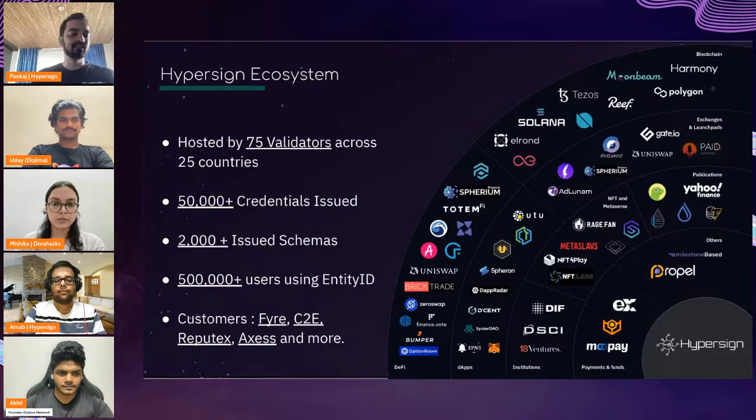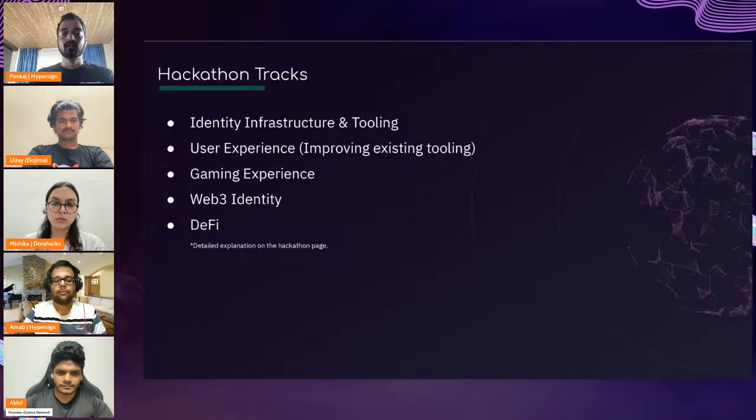Then Reputex is a similar use case. Axis is a ticketing platform. They are using the Hypersign stack to issue tickets for events and verify these tickets at the events, say, for example, parties or concerts.